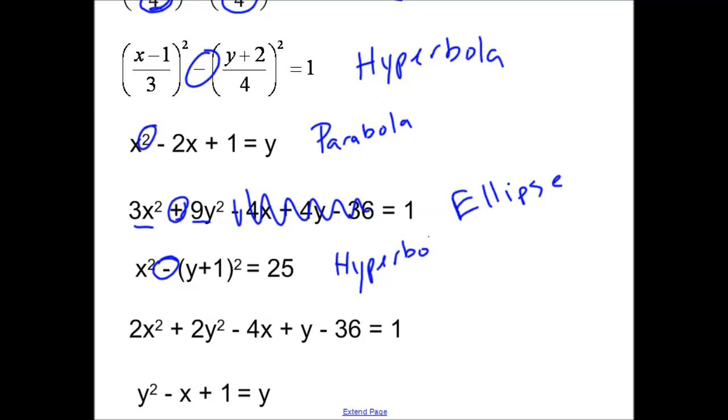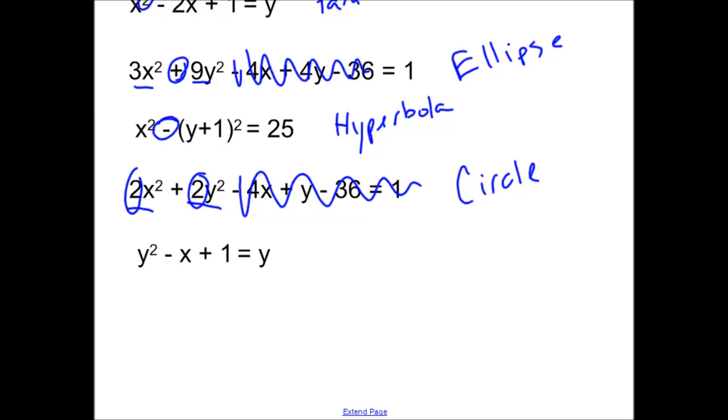I always say that as I spell it, so I spell it right, but it's pronounced hyperbola. And then again, plus, same coefficient, don't care about any of that. This is a circle. One squared term, parabola. So hopefully you got the idea of identifying what it is. Now we're going to talk about how we graph them.